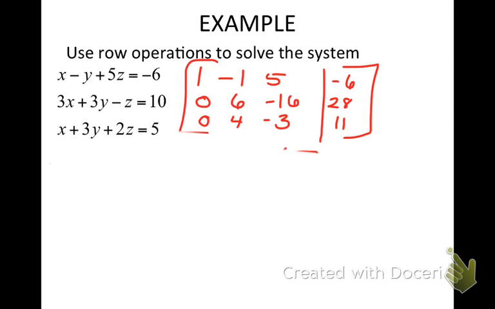The way I think about it is if I need a 4 left over, I need to multiply by 4/6, because 4/6 would cancel out the 6's and leave me with a 4. Put whatever that is in the denominator, put whatever this is in the numerator. What is 4/6? 2/3. So I'm going to multiply by a -2/3. Let's do -2/3 row 2 plus row 3.